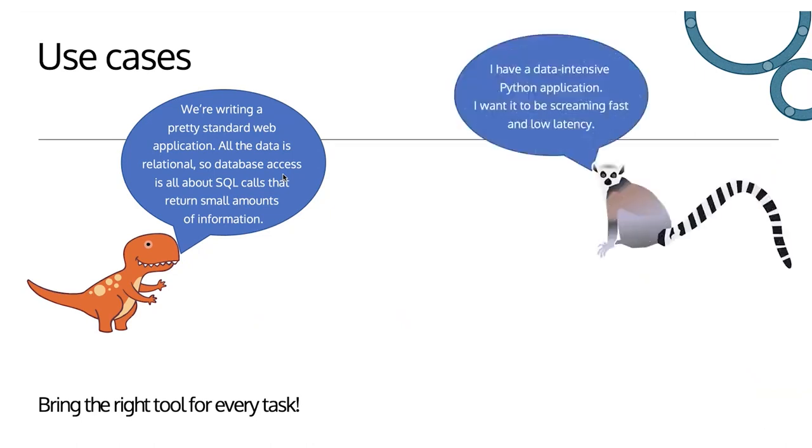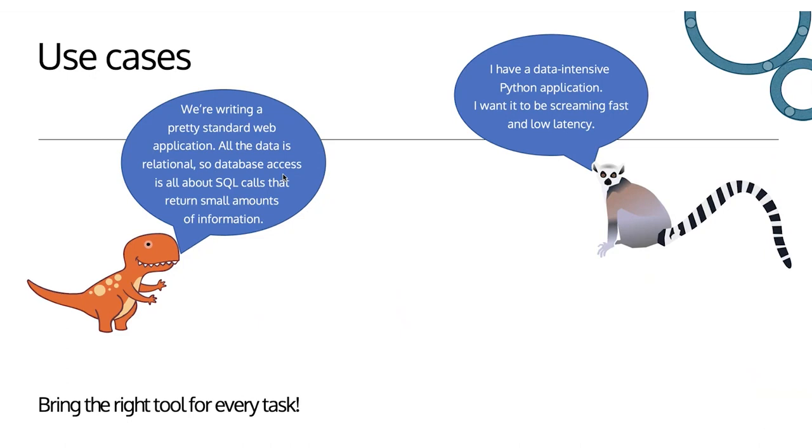On the other end of the spectrum, a much more unique case is where you have a very data-intensive Python application. Instead of needing to pass back maybe tens of K or hundreds of K of information, like you would in a web application, you may be passing back and forth megabytes or hundreds or thousands of megabytes of information between your Python code and your data layer.